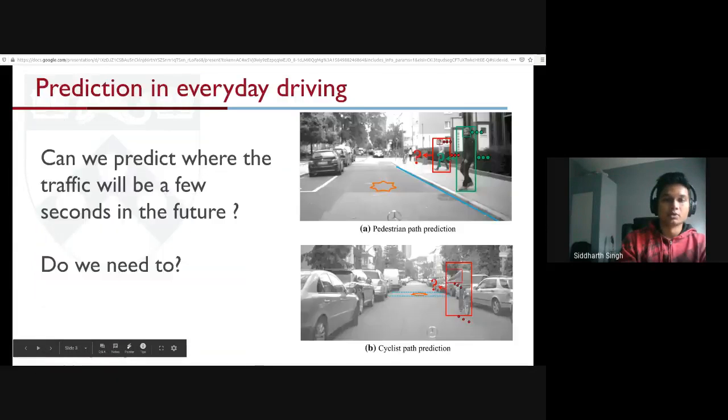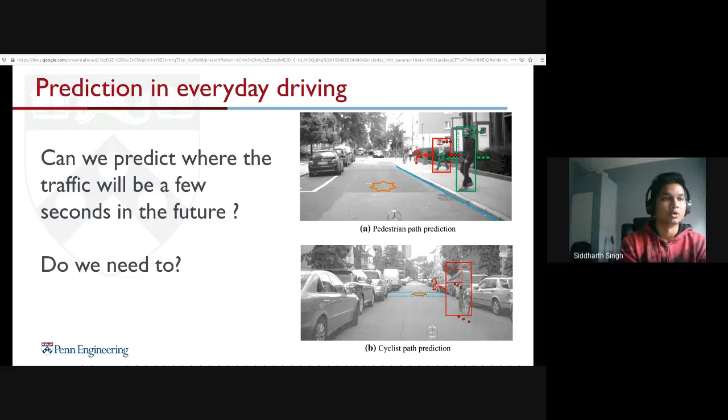And people, this is actually an ongoing research problem, the problem of prediction, predicting where somebody would be a few seconds into the future. And the question also is, do we need to do that, which we just talked about in the past slide. For example, in this picture, we see that there are pedestrians, and we want to know where the pedestrian would be a few seconds into the future.